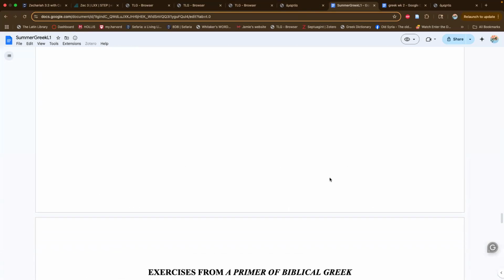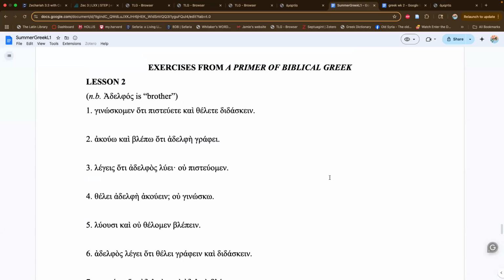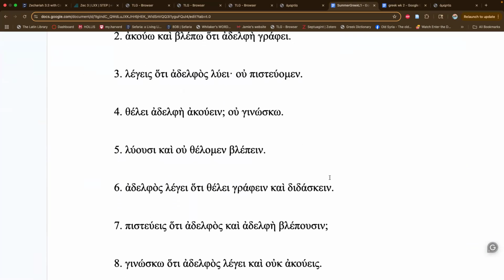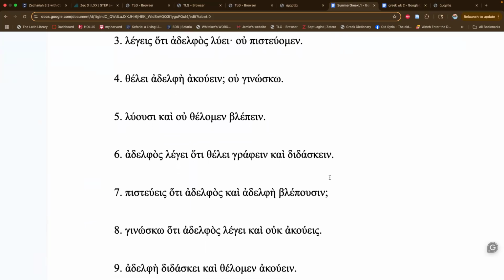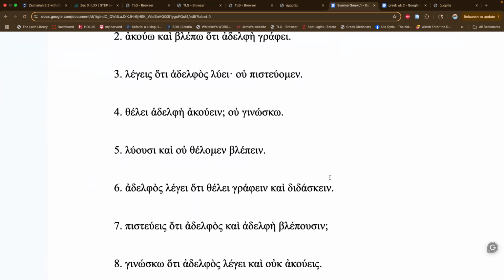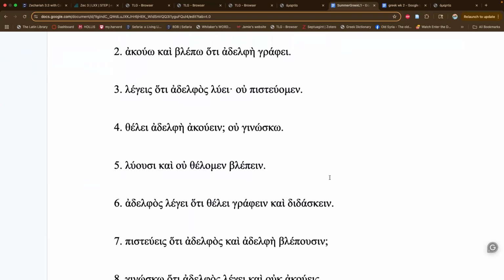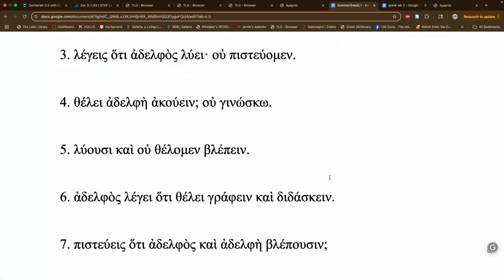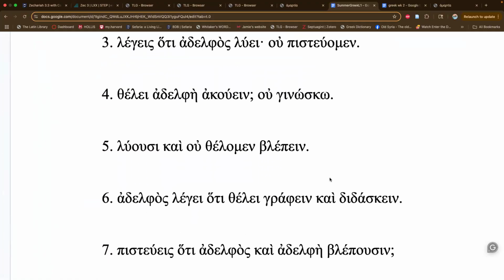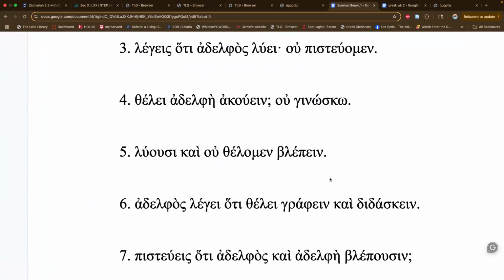So luusi is a third plural, so we'll translate that as they. For luo, it's loosen or destroy. Maybe destroy makes more sense in this context. So luusi, they destroy kai ou thelomen blepane. Exactly. Yeah. There we go.